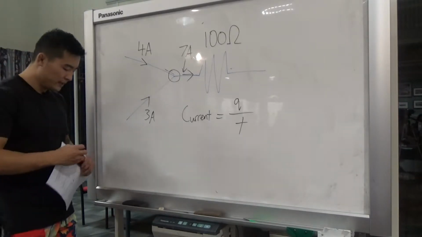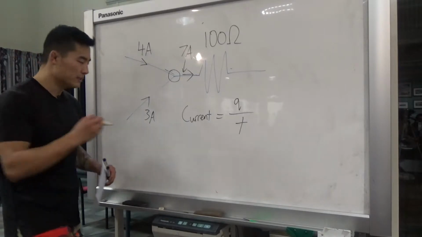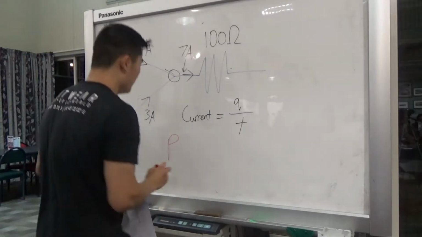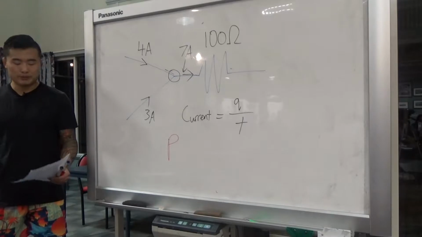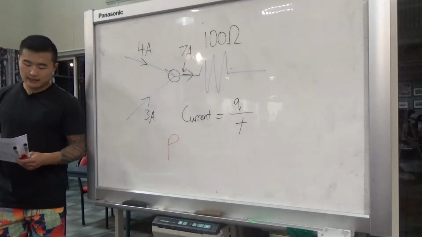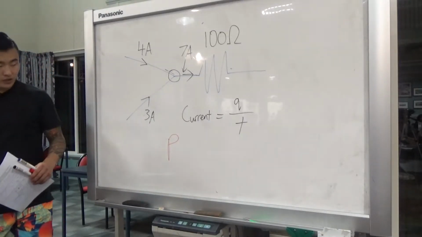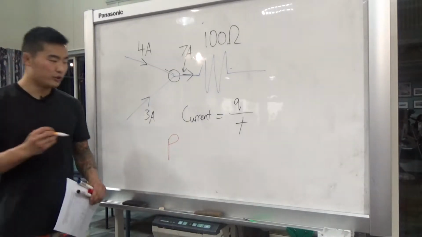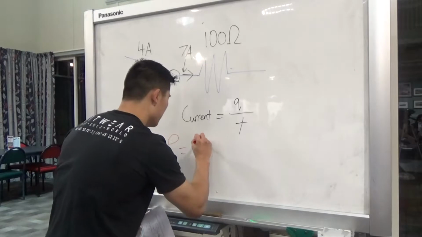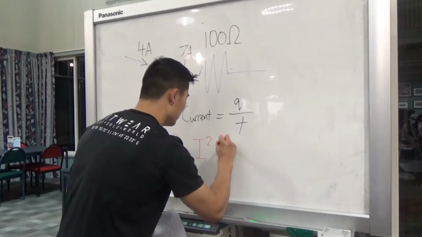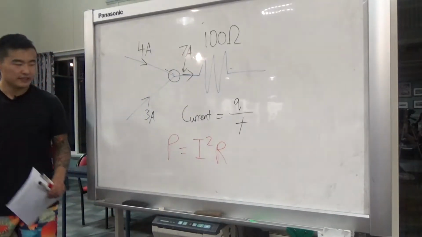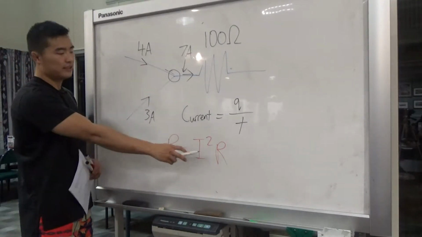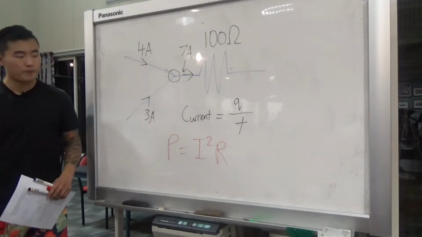So that's going to be power, with the symbol capital P. For electricity, P is equal to I squared multiplied by R. I is your current and R is your resistance.